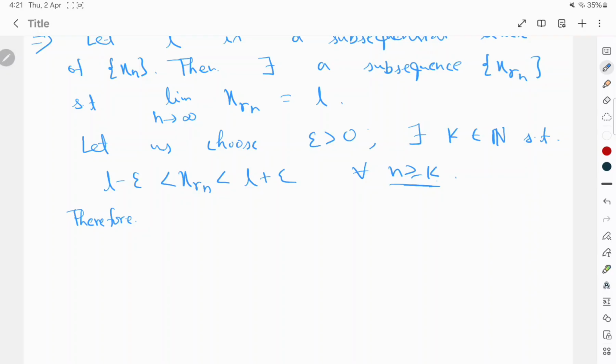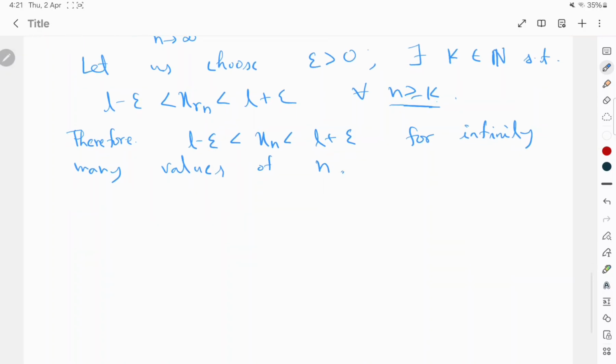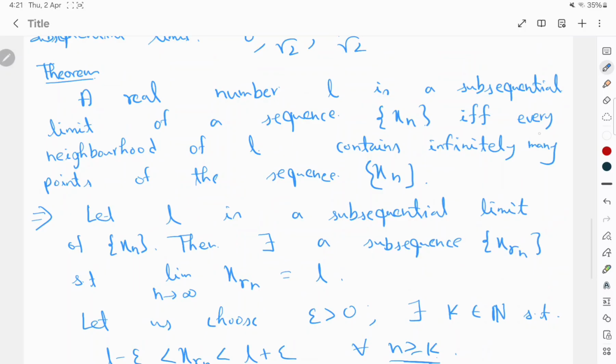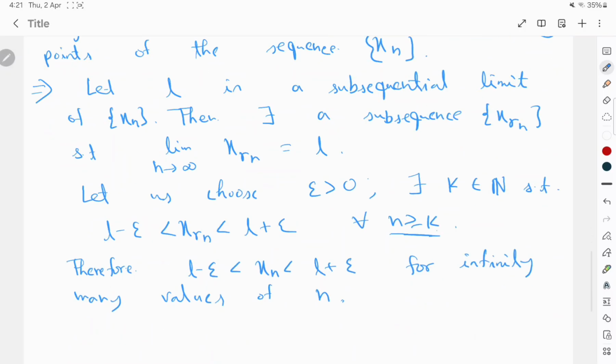Therefore L minus epsilon is less than xrn less than L plus epsilon for infinitely many values of n. And you can choose your epsilon arbitrarily, so that's why it holds for every neighborhood.